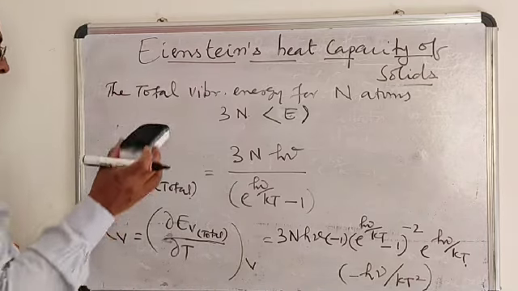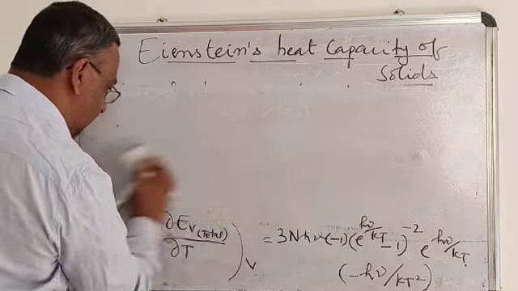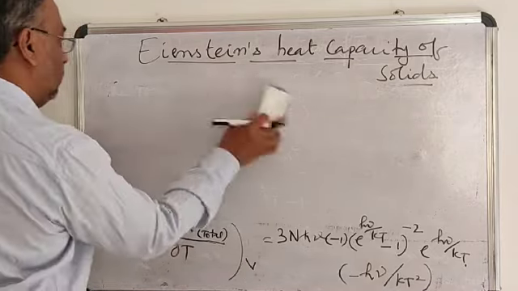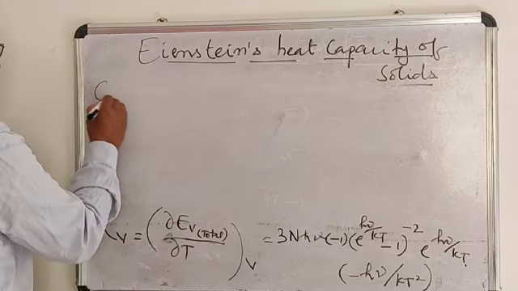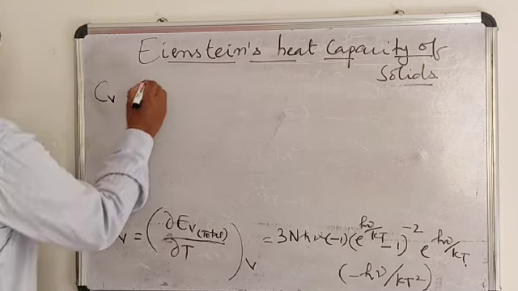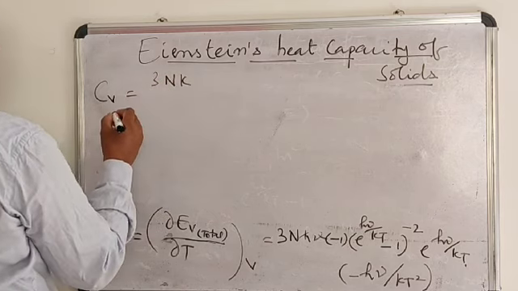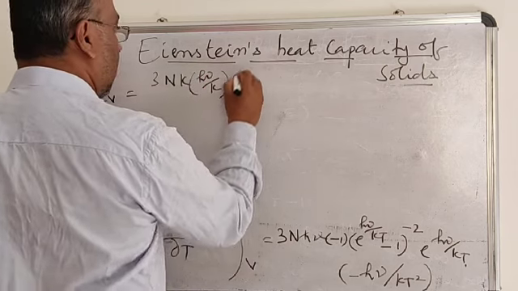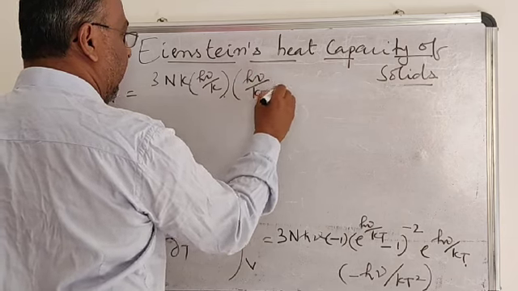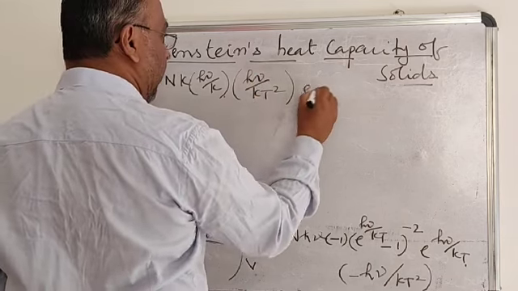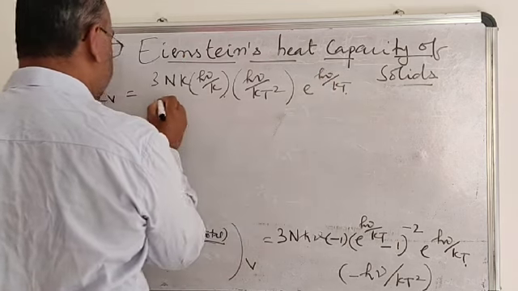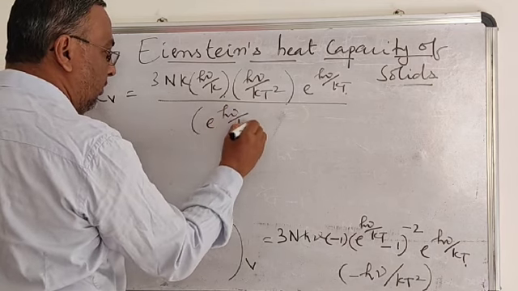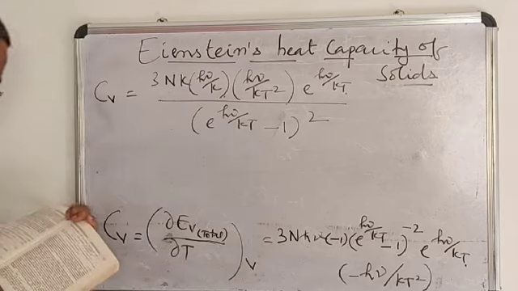When I simplify this, I am writing the next step. CV is equal to 3 Nk, h nu by k, h nu divided by kT square into e power h nu divided by kT divided by e power h nu by kT minus 1 whole square.